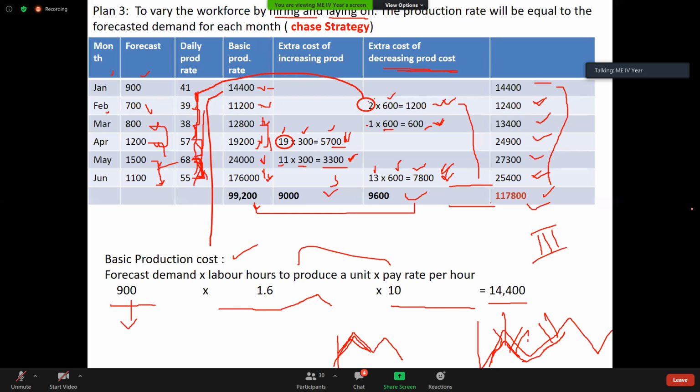Roll number 69, absent. Roll number 371, absent. 61 absent. 91 absent.